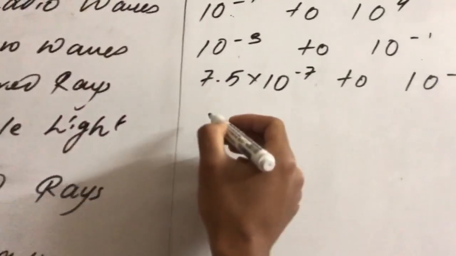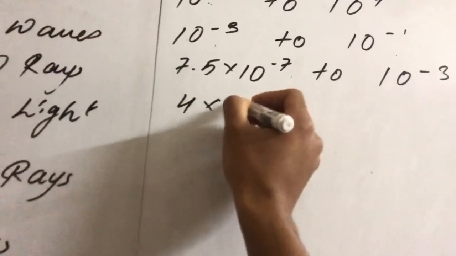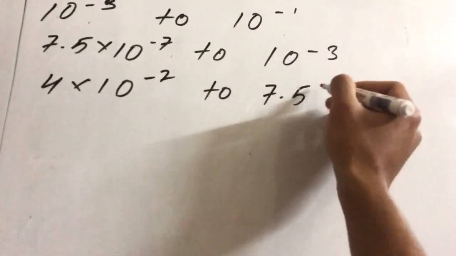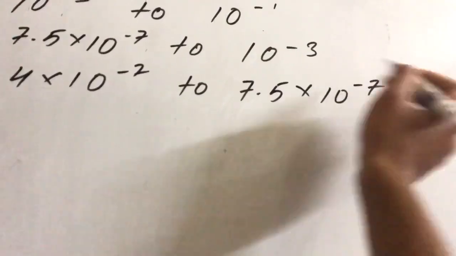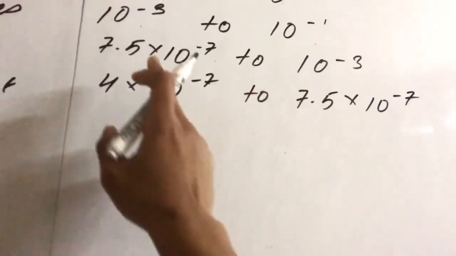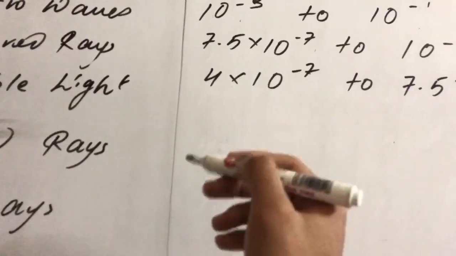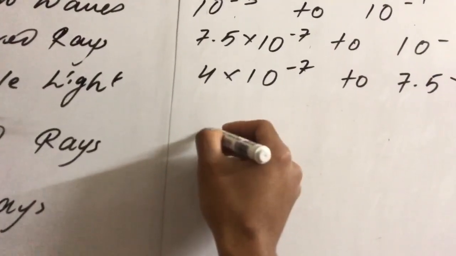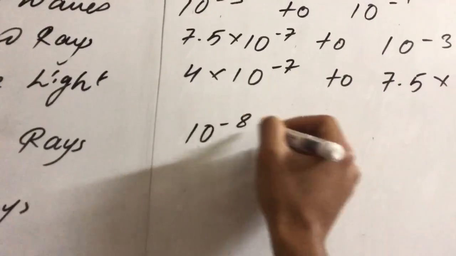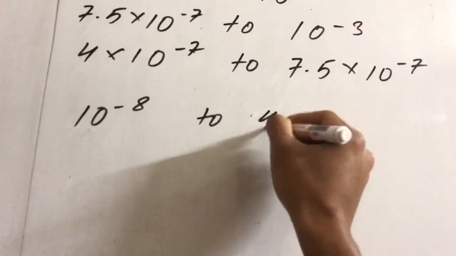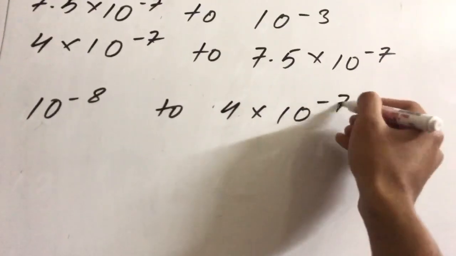For visible light it is 4 into 10 to the power minus 7 to 7.5 into 10 to the power minus 7. And for UV rays it is 10 to the power minus 8 to 4 into 10 to the power minus 7.